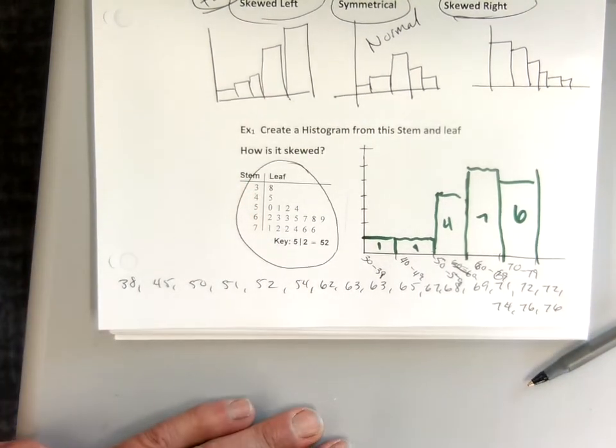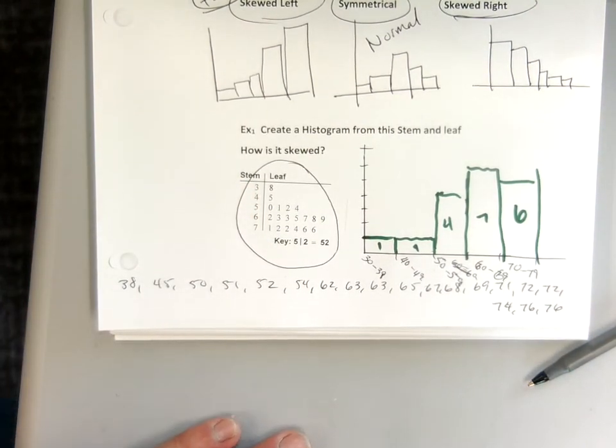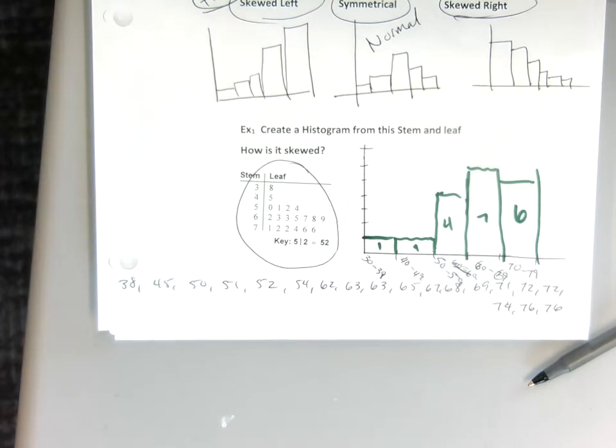I'll wait for you. So I want to make sure I don't confuse you, because obviously on the box and whisker it was a little harder. This is easier, isn't this a lot easier? You find your intervals. Now the question is, what intervals do you use? And that's up to you.